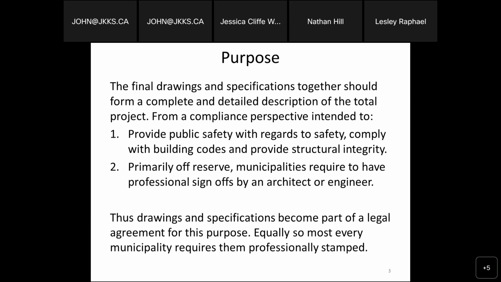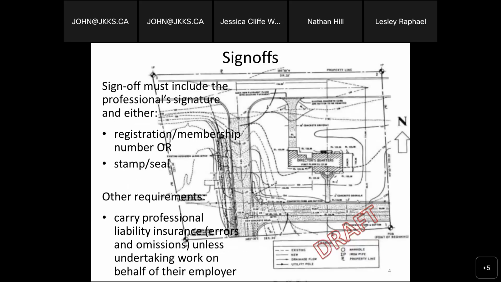So it gets back to the question, do I really need an architect or an engineer? Well, what I'm going to present to you is, yes, we do, but at the same time, there are a few other options we need to think about. So when we start talking about sign-offs, a sign-off must include the professional signature and either a registration or membership number or some type of official stamp or seal.